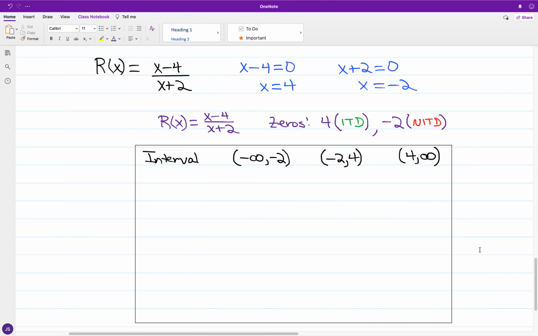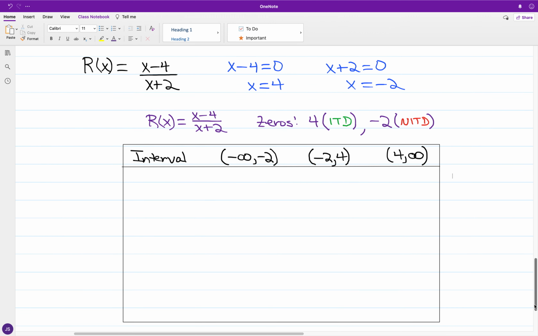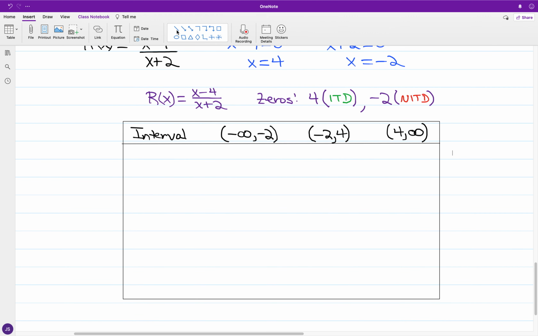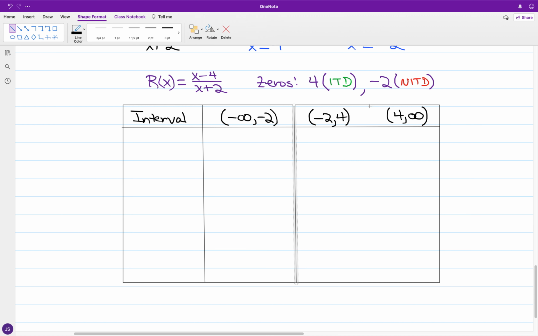So looking at setting up our table, we've got the process here.